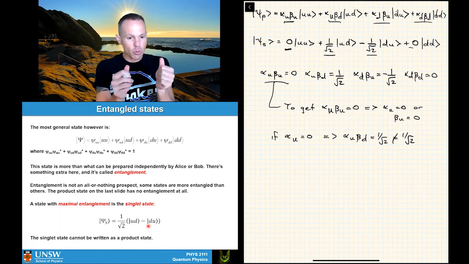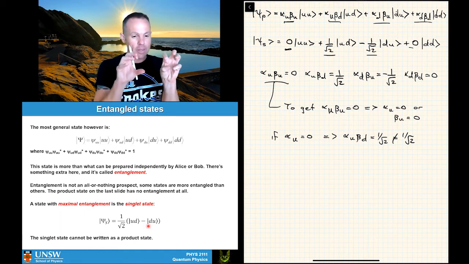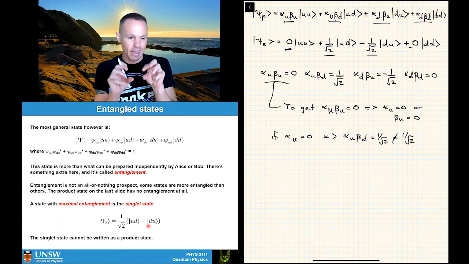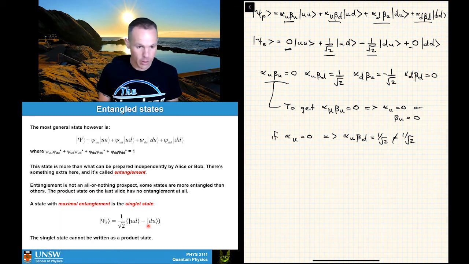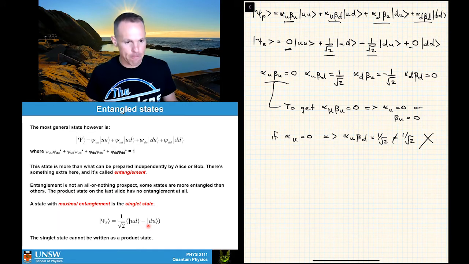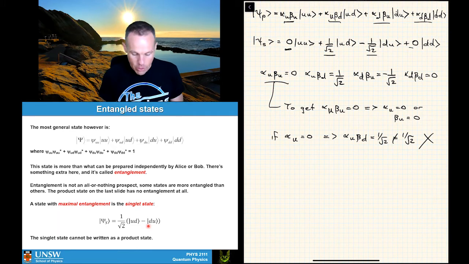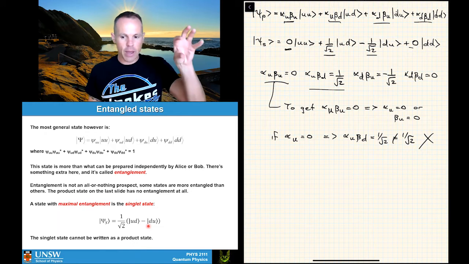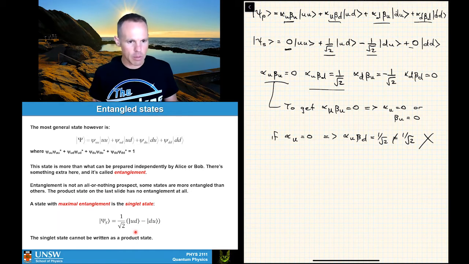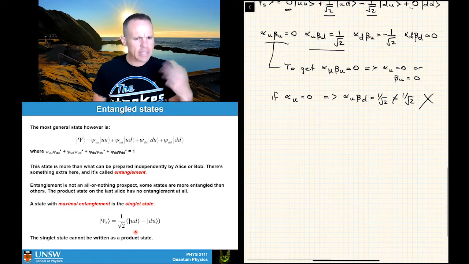Because if alpha up was 0, it would be 0 times something, and 0 times something has to be 0. 0 times something cannot be 1 over root 2, okay? So that's a completely impossible possibility. If alpha up was 0, the prefactor for the first half of this singlet state cannot possibly be 1 over root 2. So let's consider the other option.